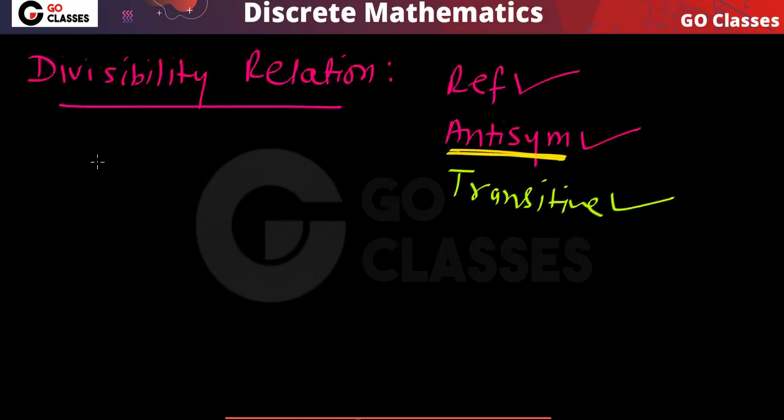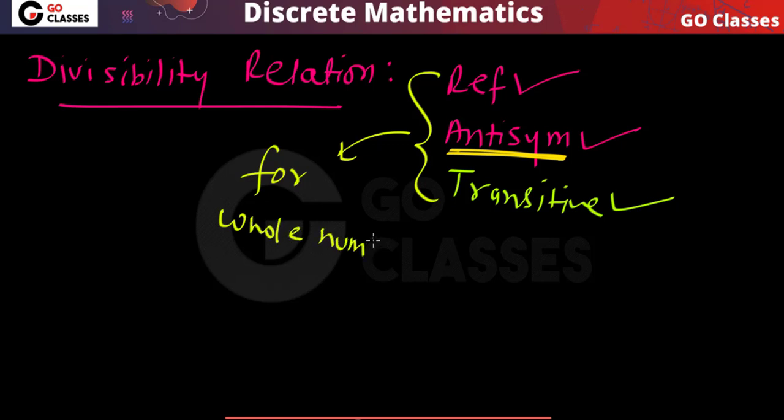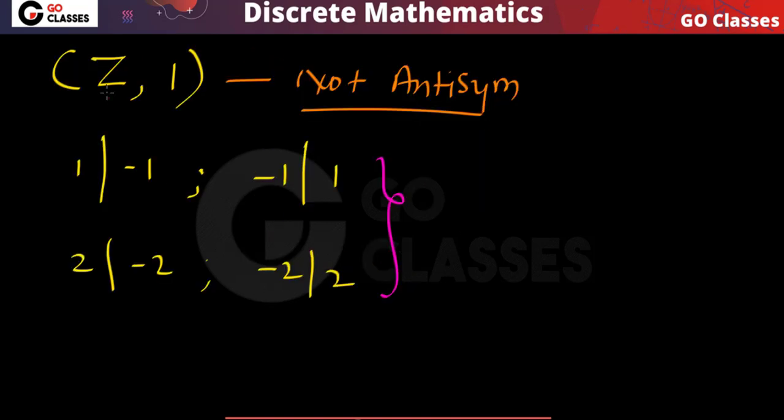So when I say the divisibility relation is reflexive, antisymmetric, transitive, this holds when the base set has no negative integers, so for whole numbers, meaning non-negative integers. Remember, if you have the set of integers, comma, divides, then this is not antisymmetric because 1 divides minus 1 and minus 1 divides 1.